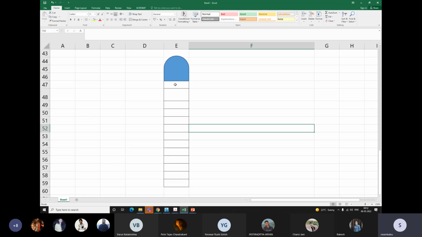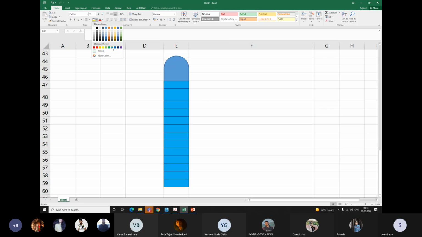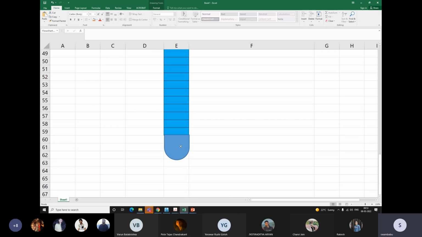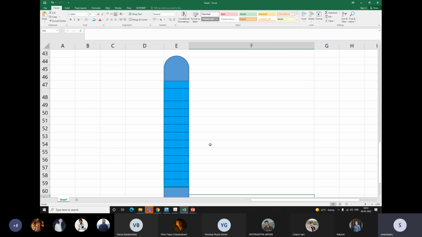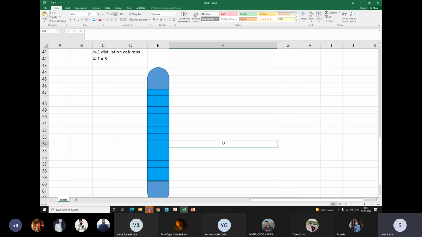This is the top of the distillation column, these are the intermediate stages, and this is the bottom of the distillation column.